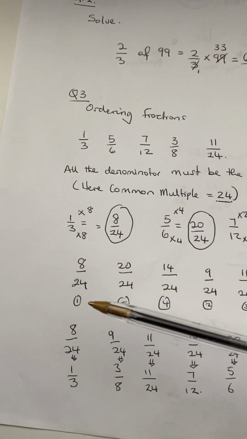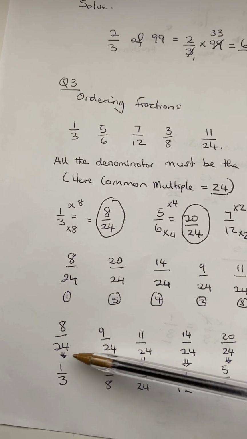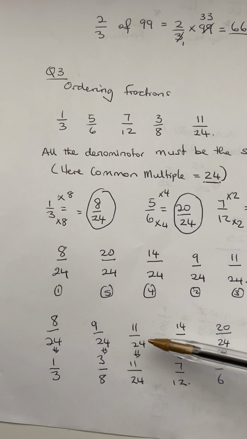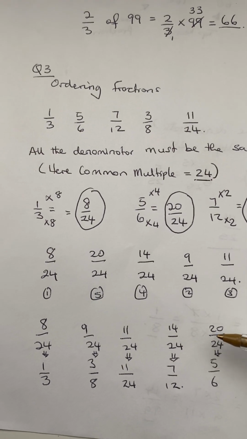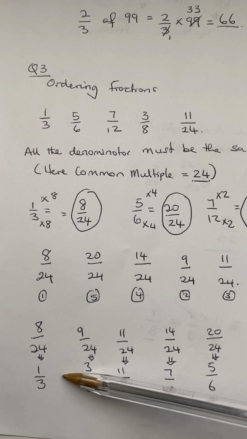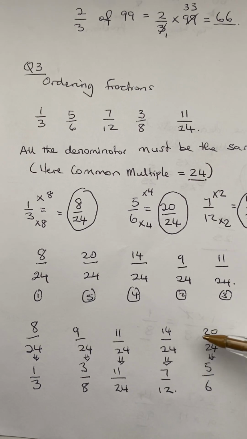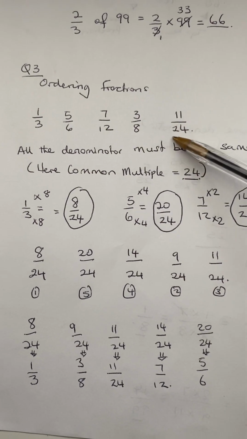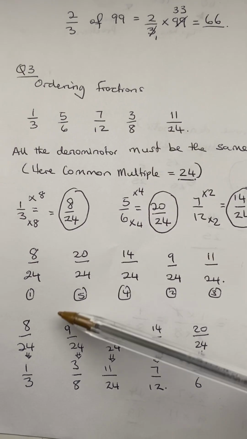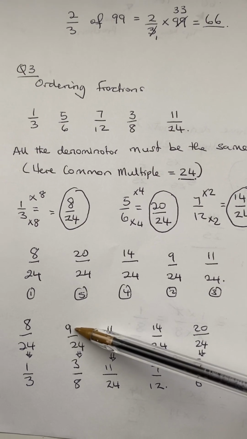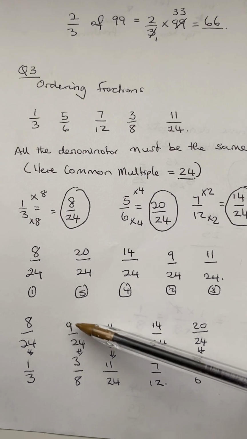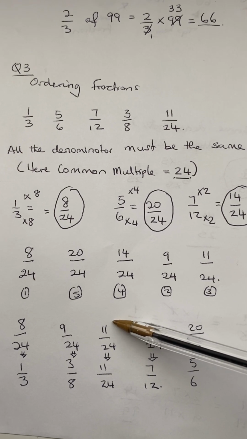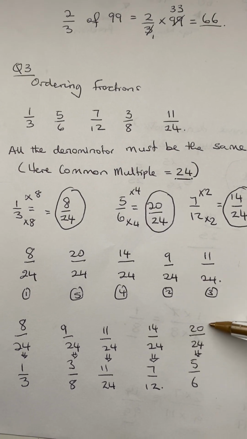So just by putting our fractions in the same denominators, we've been able to order them. If we hadn't done that, we would not be able to easily order them. But now look, the numerators 8, 9, 11, 14, 20.